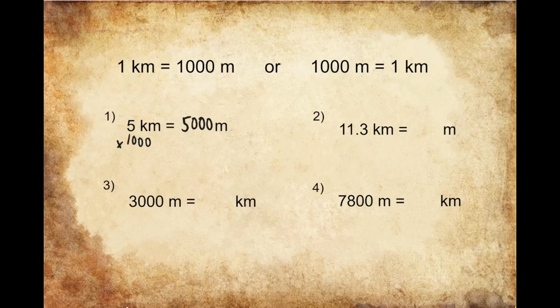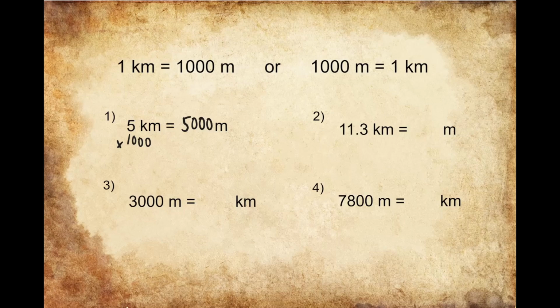The good thing is that whenever we're multiplying something by 1,000, all that happens is the digits that we're multiplying by 1,000 shift 3 places to the left. So in order for us to accomplish this, instead of going through and multiplying it by 1,000, we can move our decimal place 3 places to the right when we're multiplying a number by 1,000, because that's going to shift all of the digits 3 place values to the left.